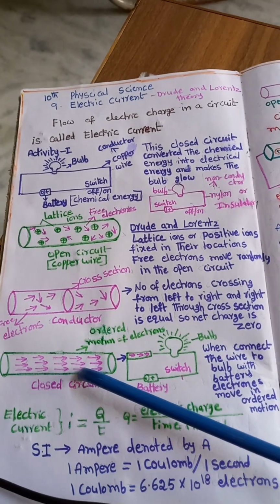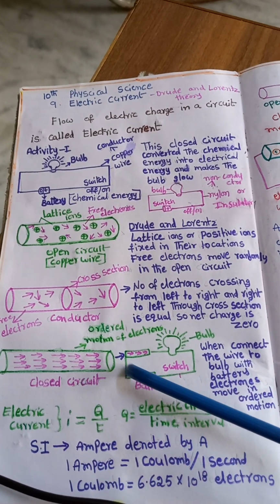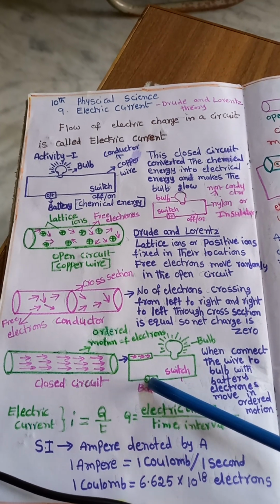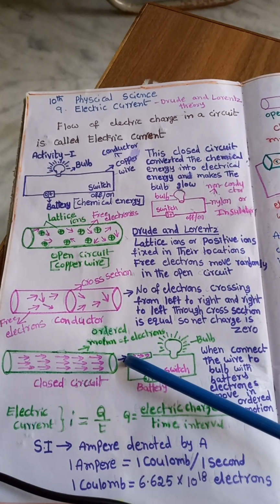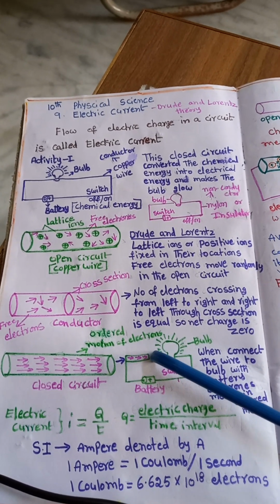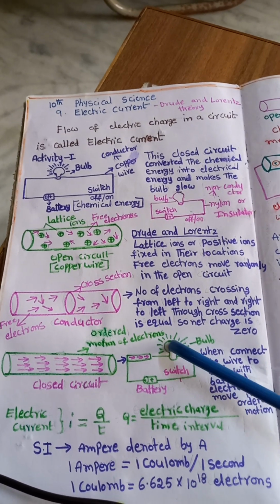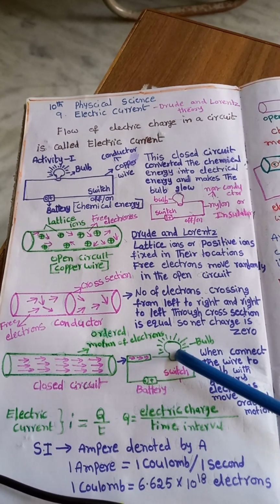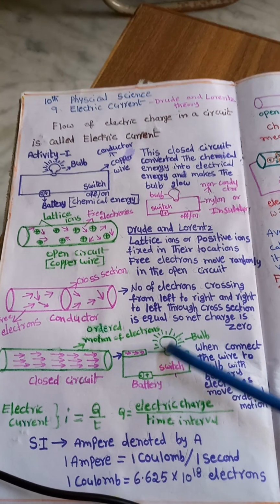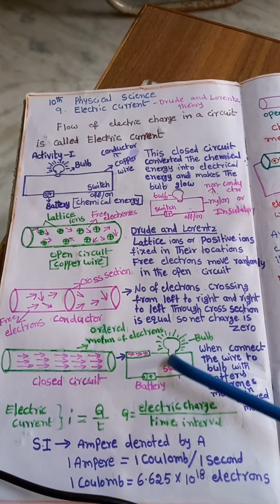These electrons move from battery through the wire and reach the bulb, and the bulb glows brightly.